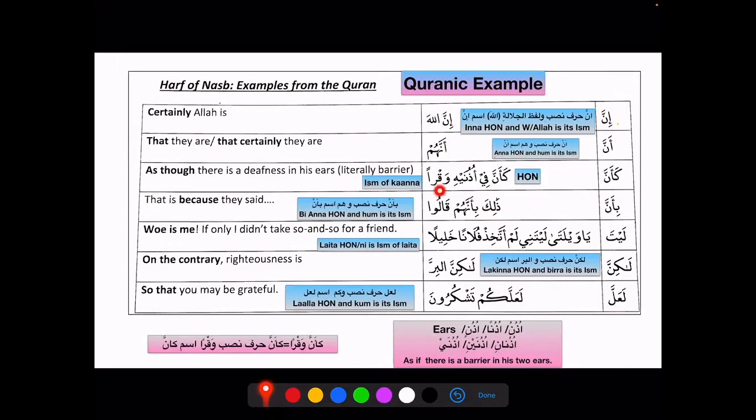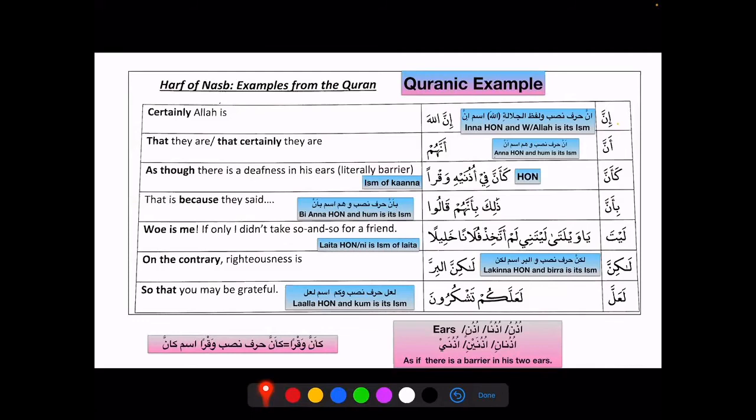Then bi anna, we did that already, but I'm showing you how you are going to label it. So we need to learn this labeling as well, and it's not hard. Just say it maybe 10 times, and inshallah you are going to be a pro at it. So bi anna is harfu nasab, wahum is ismu bi anna.